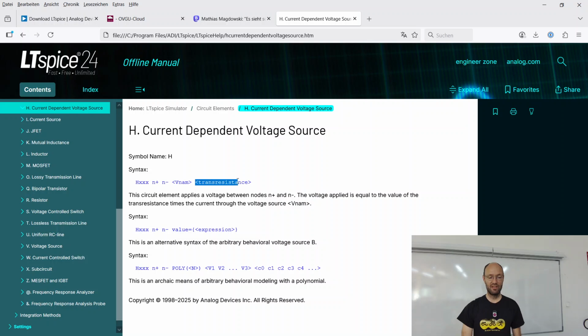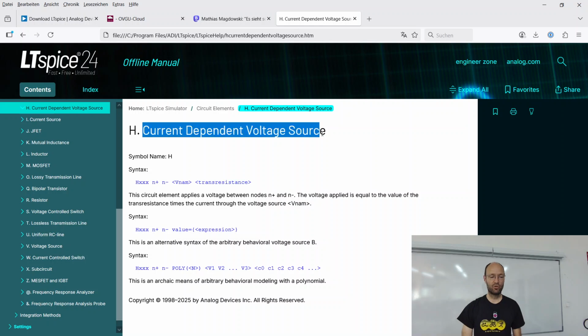And then the second value is this trans resistance, or this K factor. And so the name of the voltage source means like a current sensor, right? If we have a current dependent voltage source, we need to measure the current somewhere else in the circuit. And measuring the current works with voltage sources.